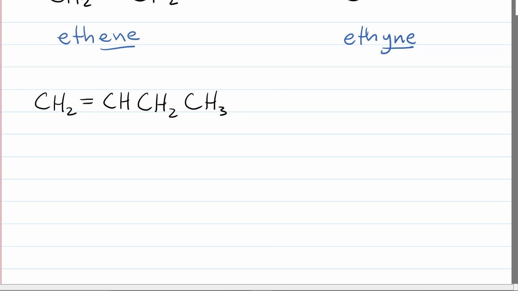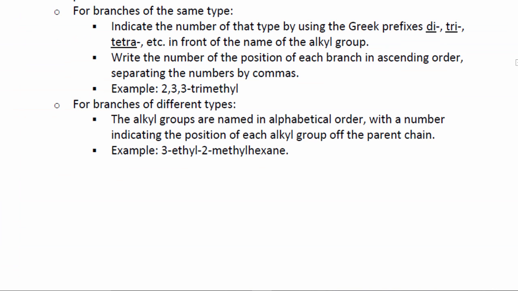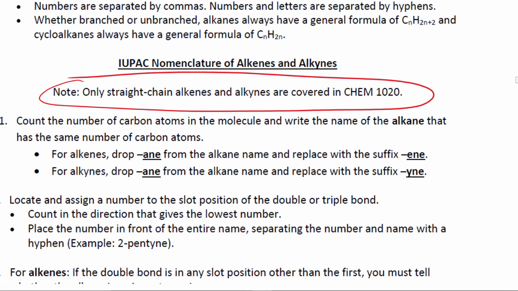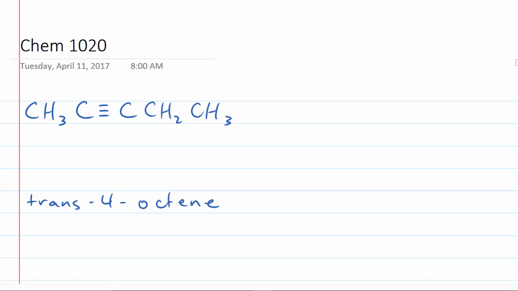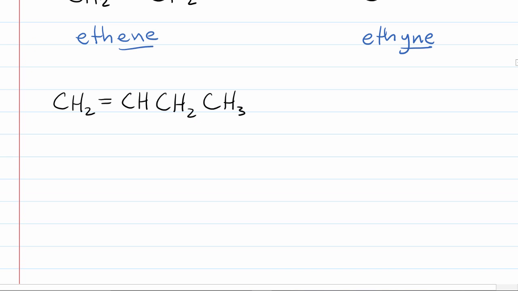So now to name this, we go back to our rules, and the rules say we're going to locate and assign a number to the slot position of the double or triple bond. And we're going to count in the direction that gives us the lowest number. So in this case, this slot number is slot number 1, so we write the 1 in front.